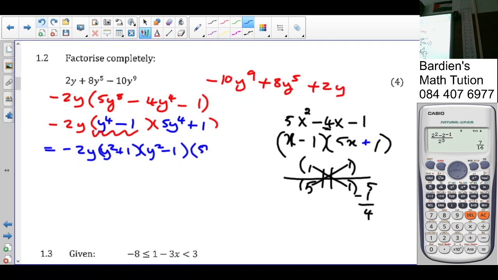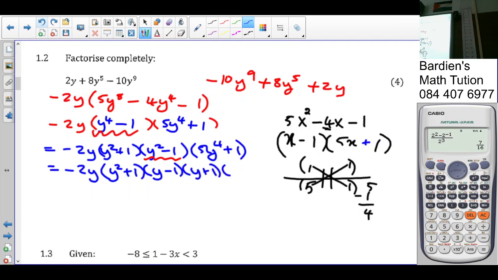This remains 5y^4 plus 1. Now what? y squared minus 1 again, difference of 2 squares. So it's y squared plus 1, y minus 1, y plus 1, and 5y^4 plus 1.